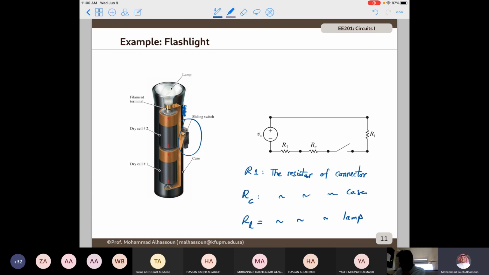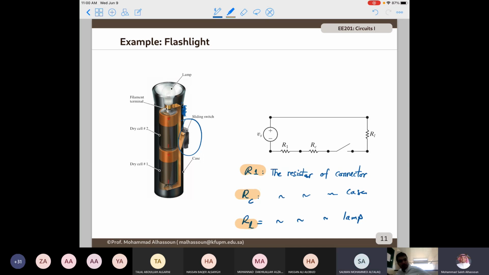The first two are not desired. We don't want them, but they are there, so we need to model them because there is some voltage drop and some power dissipation taking place here. And there is the resistance that we are interested in, which is the resistance of the light bulb. And the battery here acts as a source. Yes, Salman.